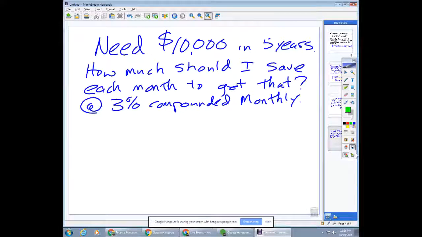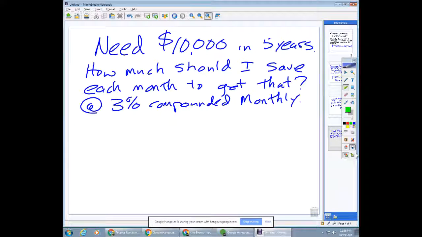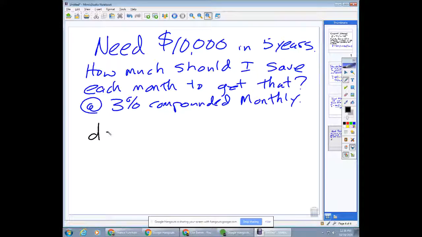Yep. So here I'm trying to calculate the payment, D. And it's going to be equal to what I want the future value to be after 5 years. So we call that P sub 5.